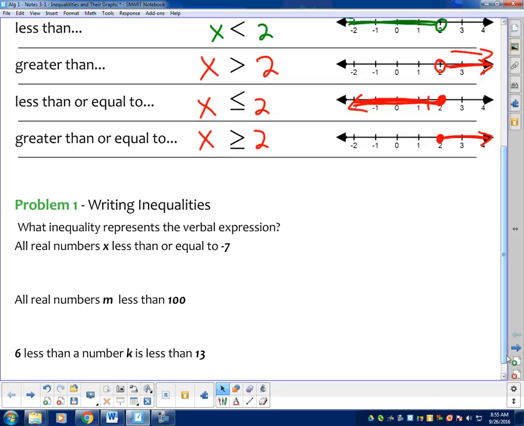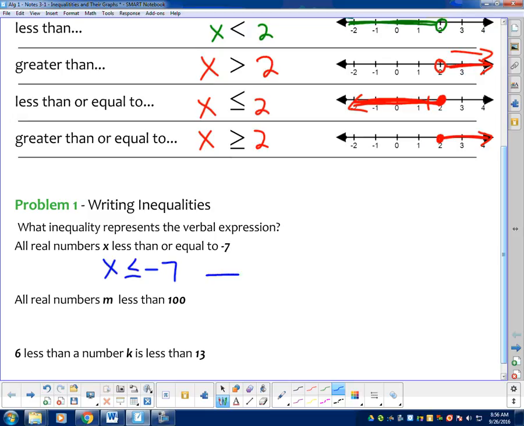All right, we're going to write some inequalities first, and then we'll solve some. It says, what inequality represents the verbal expression? It says, all real numbers x less than or equal to negative 7. So here we have x less than or equal to negative 7.